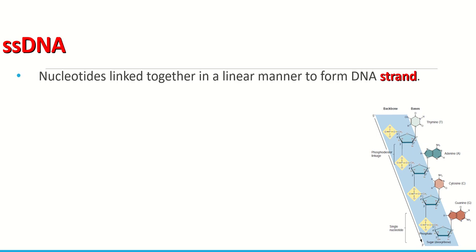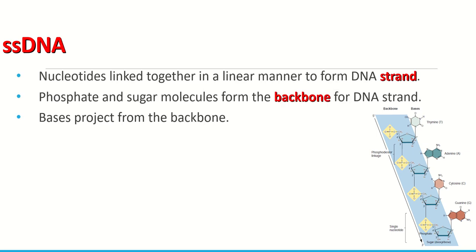In single-stranded DNA, the nucleotides are linked together in a linear manner, as shown in this diagram, to form a DNA strand. The phosphate group and the sugar molecules form the backbone of the DNA strand, and the nitrogenous bases project from the backbone.